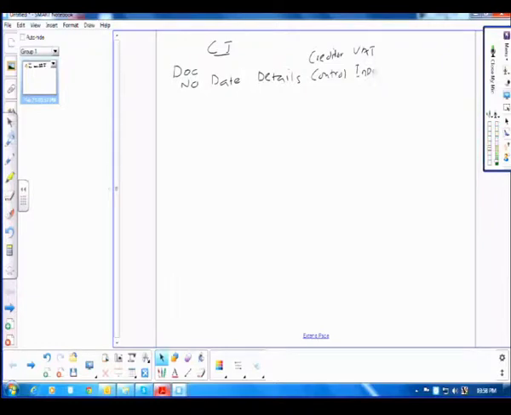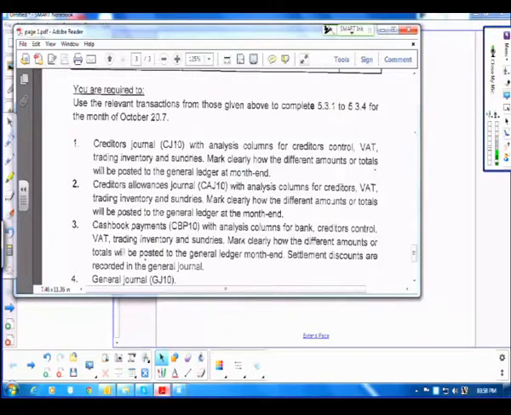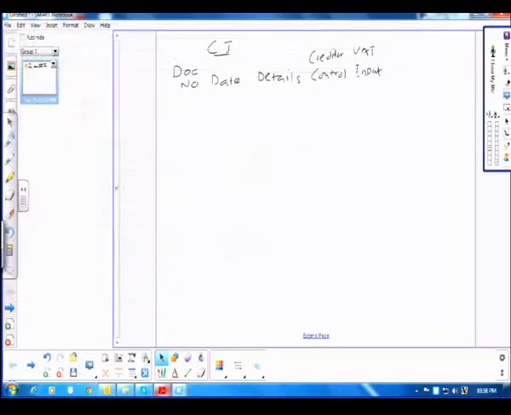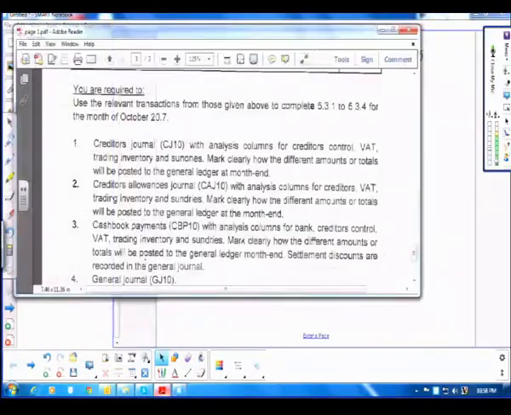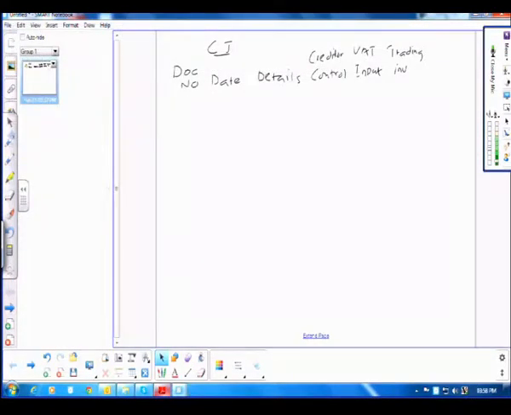So it will be VAT input. And then I think the next one they said it will be inventory. Yeah. So we have trading inventory. And then we've got sundries.